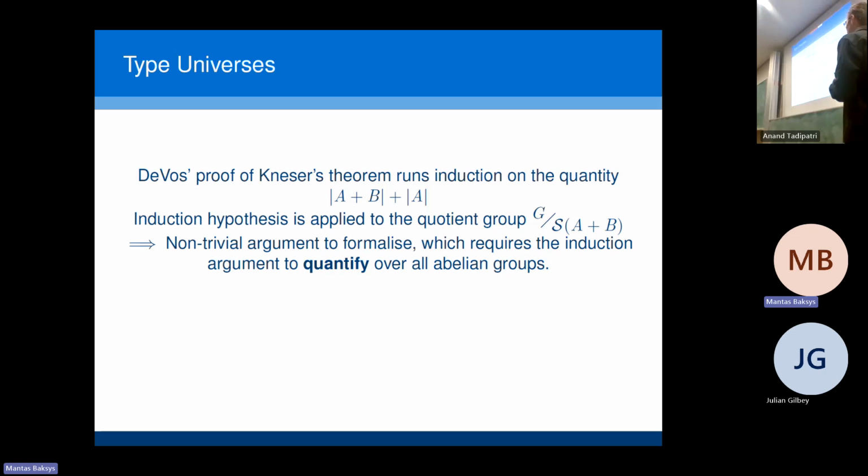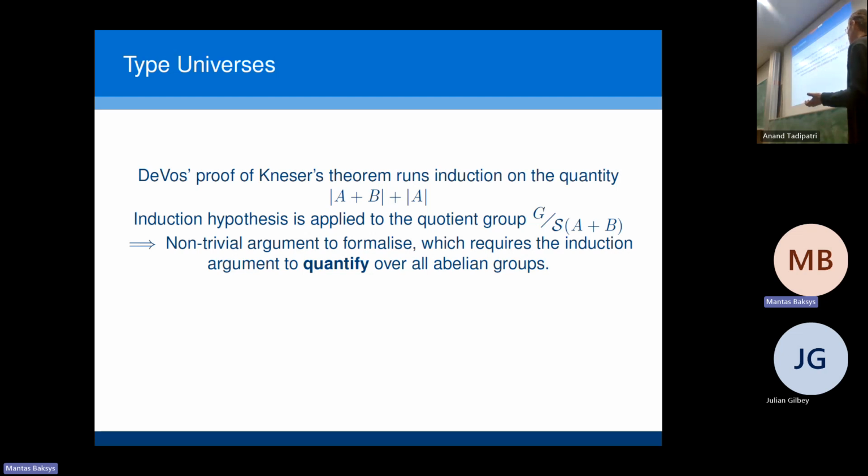In different systems, this might or might not be an issue. Essentially, what specializing the induction hypothesis in a different group equates to is being able to quantify over all of your abelian groups a priori when you're doing the induction.